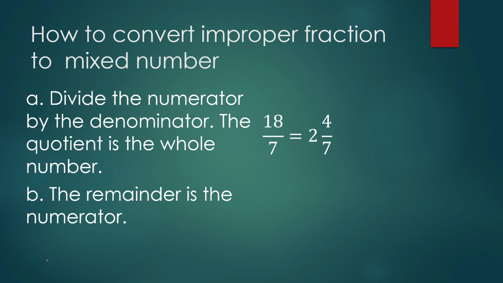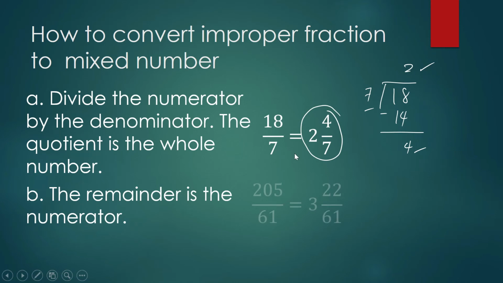So 18/7, we can produce its mixed number form in this way. 18 divided by 7. So that's going to be 2. 2 times 7 is 14. You subtract 18 minus 14 is 4. So this is the whole number part of your mixed number. This is the numerator and this is the denominator.